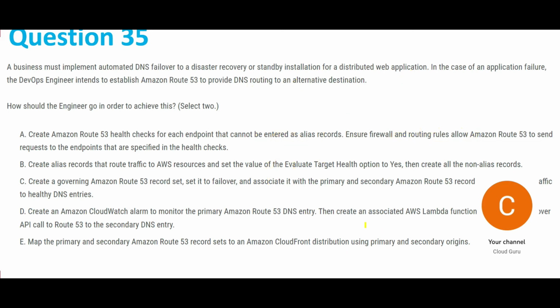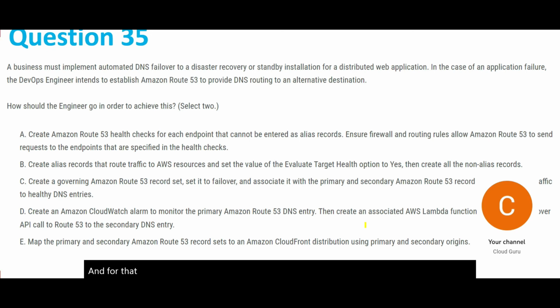And for that automatic routing failover, you use Route 53 to provide DNS routing so that it will be seamless. Like Amazon.com, when you are using it, it might happen that the region went down, but you didn't come to know because the DNS routing was so dynamic that you didn't notice that.